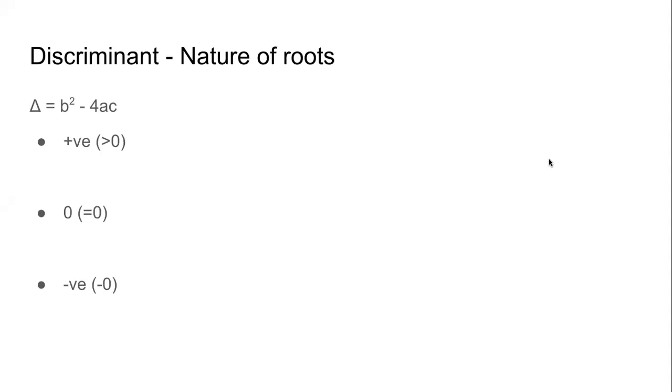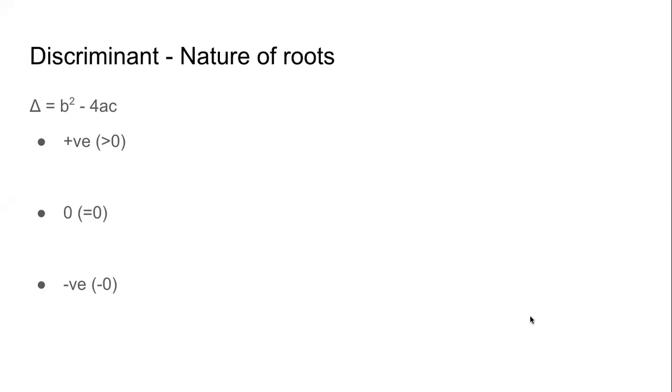We will not call it triangle. Yes, it is a triangle, but triangle in geometry. When we use this symbol in English, we will call it delta. It's a Greek alphabet. जैसे alpha है, beta है, वैसे ही delta. B square minus 4ac.